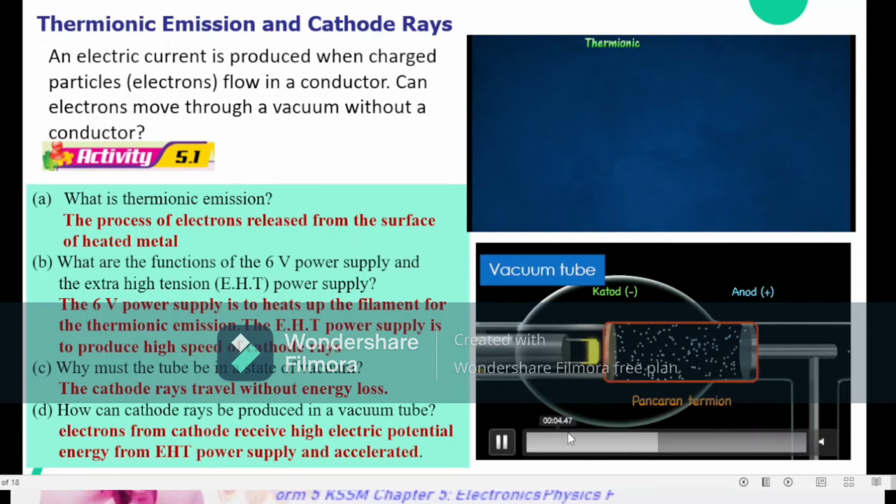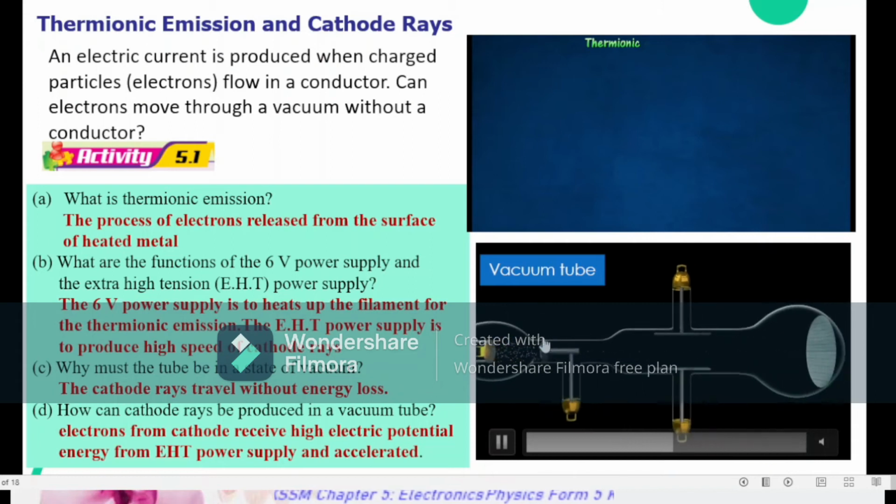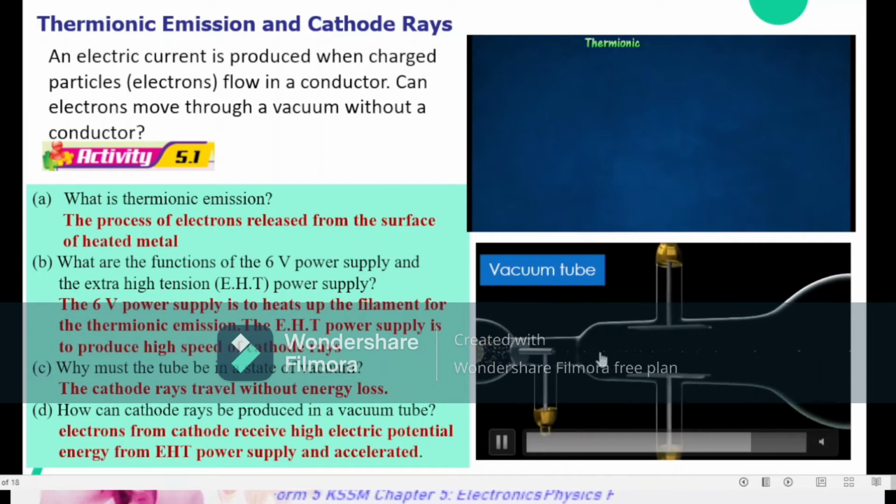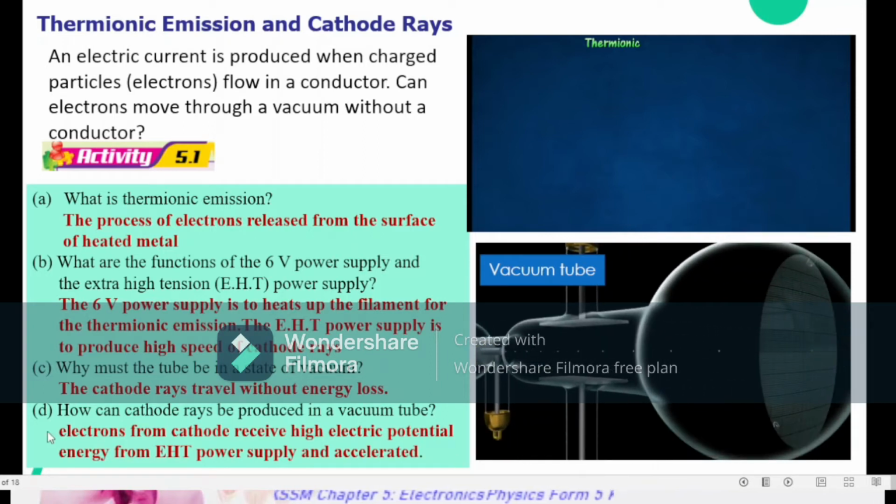Because the EHT is on, the electrons will be attracted to the anode and focused to form a beam of electrons. The beam of electrons that passes through this vacuum section, we call cathode rays. Electrons from the cathode receive high electric potential energy from the EHT power supply and are accelerated. Okay, this is how to explain the production of cathode rays in the vacuum tube.